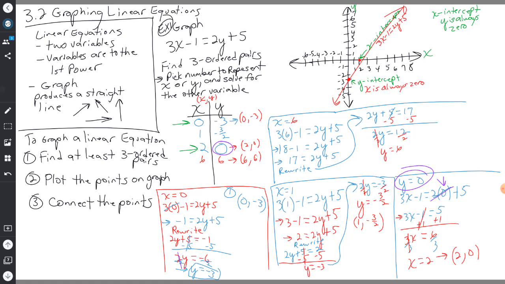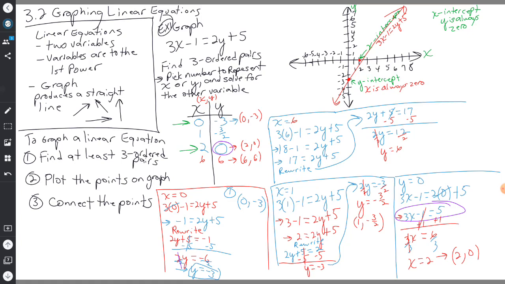And we get the equation of 3x minus 1 is equal to 5.